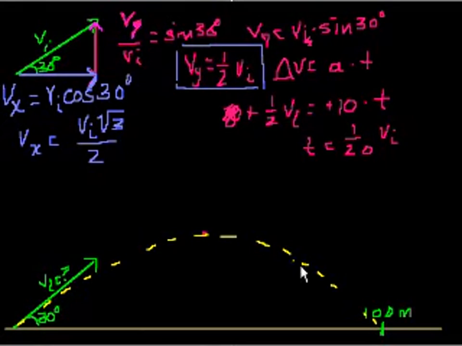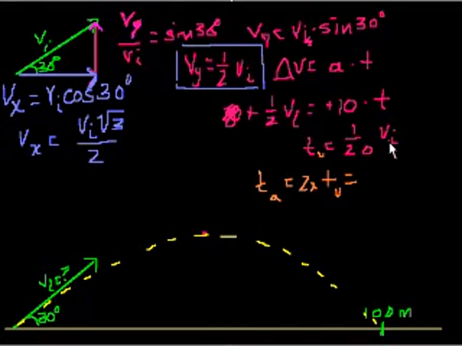So the total time that I'm traveling is going to be twice this, right? So let's say total time in the air. We could call this time up, and then time up plus time down, and they're equal to each other, is equal to time in the air. Time in the air is going to be equal to 2 times time up.